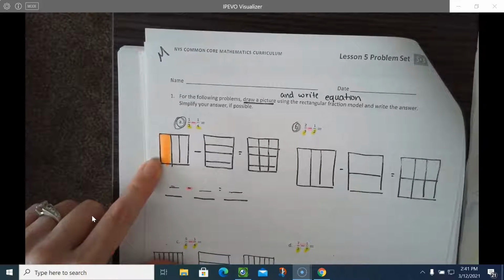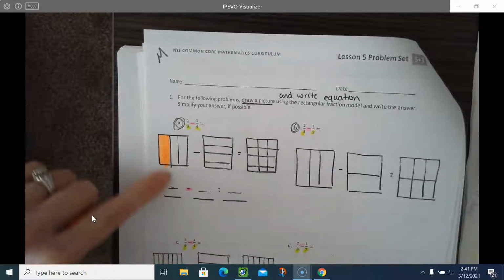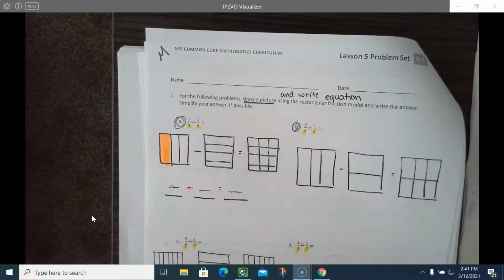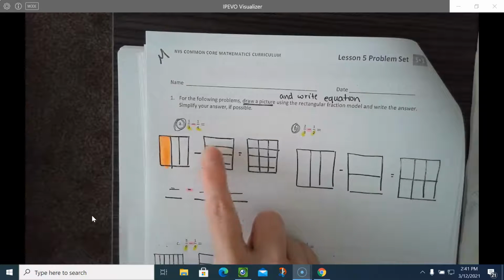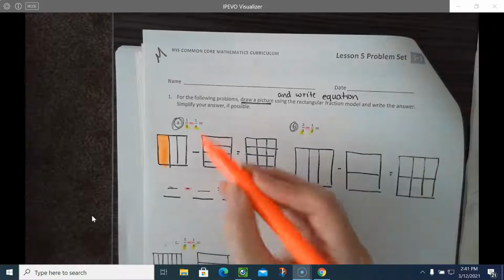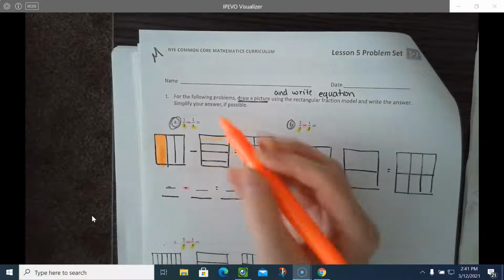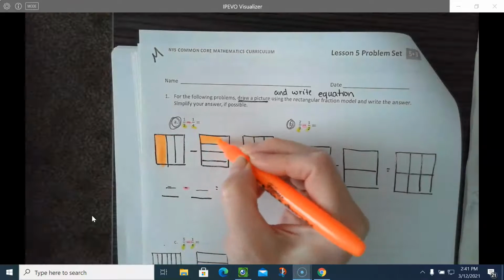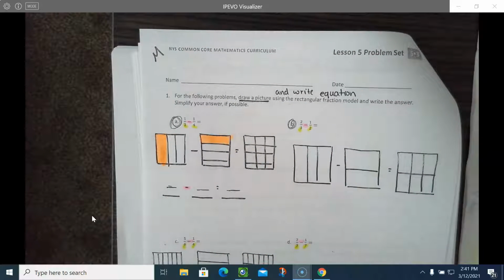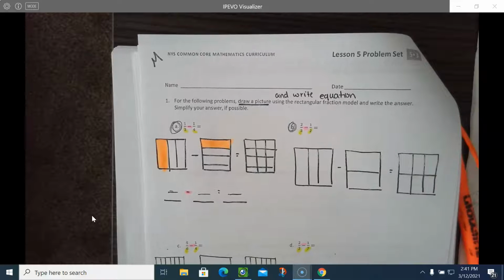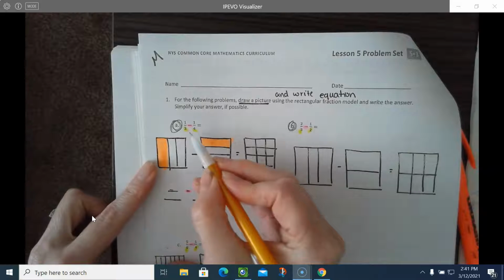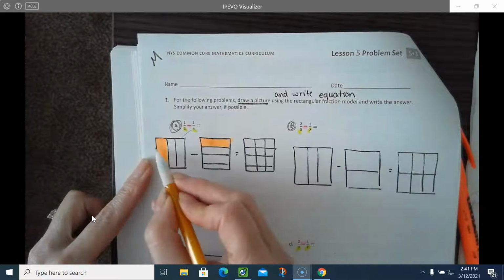Okay, so 1 out of 3 is shaded, and those are with vertical lines. Now I'm going to look at the horizontal lines. These are split into fourths, and I'm going to shade 1 out of 4 going this way. So when I am making my answers, I need to take the thirds and split that into fourths.